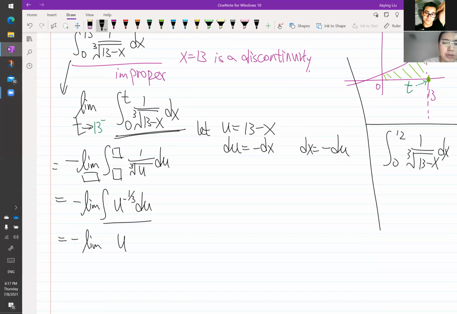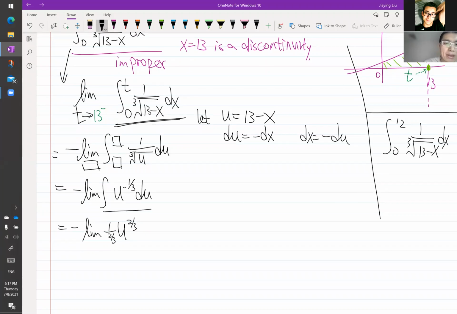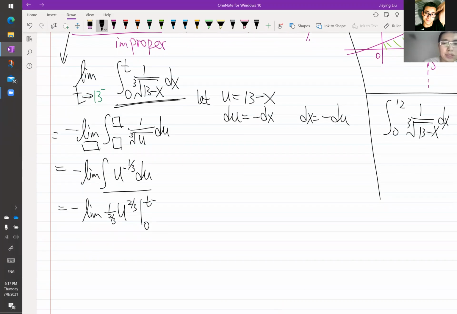So add 1: u to the 2/3, divide by the new exponent, so 1 over 2 over 3. And then we're going to evaluate this antiderivative from, what was it, 0 to t that I did not write out in all previous steps. But those are not u values, those are x values, right? Keep that in mind.